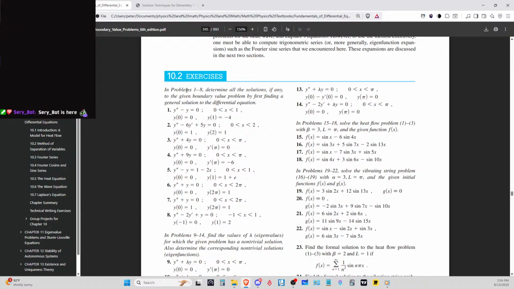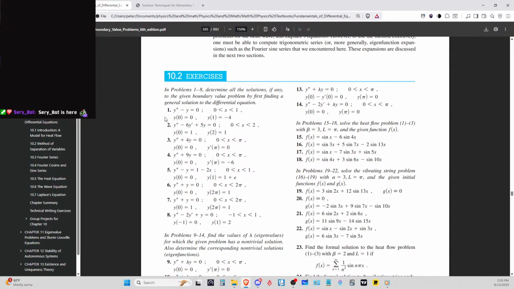So problems 1 to 8, determine all the solutions, if any, to the given boundary value problem by first finding the general solution to the differential equation. So this one's just regular differential equations, it's not partial yet, because this section is on partial differential equations.